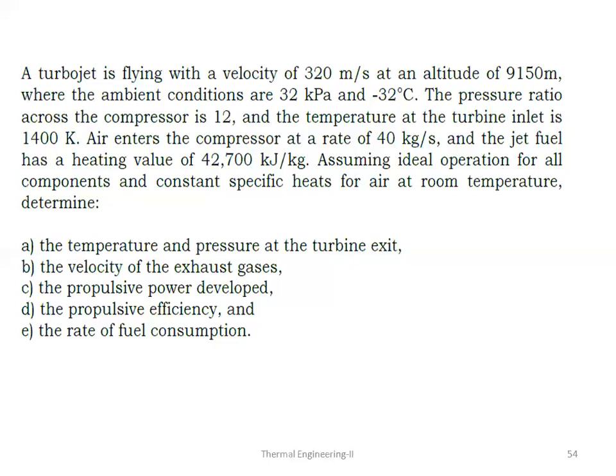Determine the temperature and pressure at the turbine exit, the velocity of the exhaust gases, and the propulsive power developed. Next, the propulsive efficiency and the rate of fuel consumption. So this is the problem, and let us try to solve this problem.